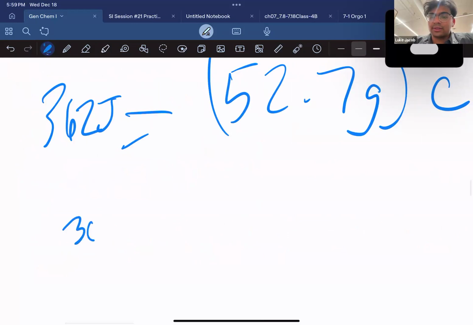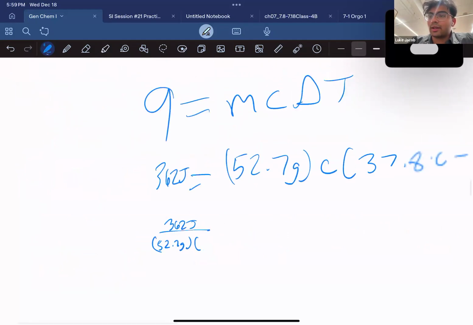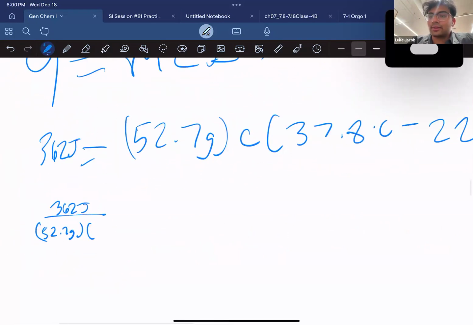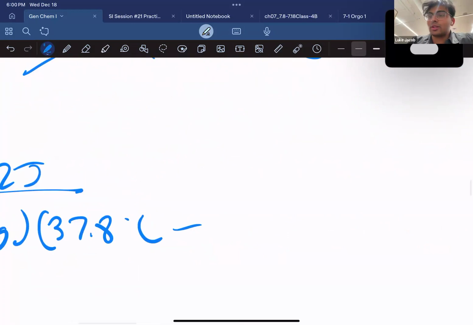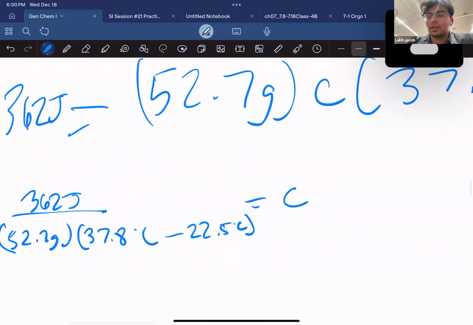So it would be 362 joules divided by 52.7 grams times 37.8 degrees Celsius minus 22.5 degrees Celsius. All I'm doing is just rearranging the equation so I can get C.